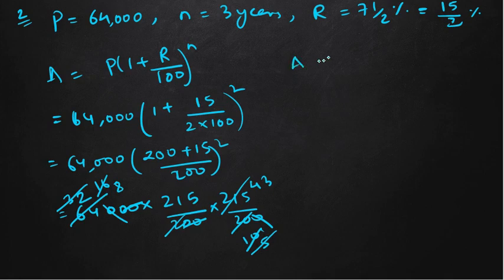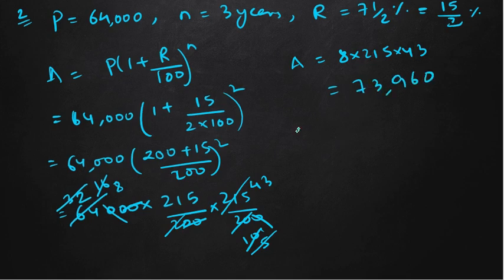Our amount will be 8 into 215 into 43. If we multiply, we get 73,960.